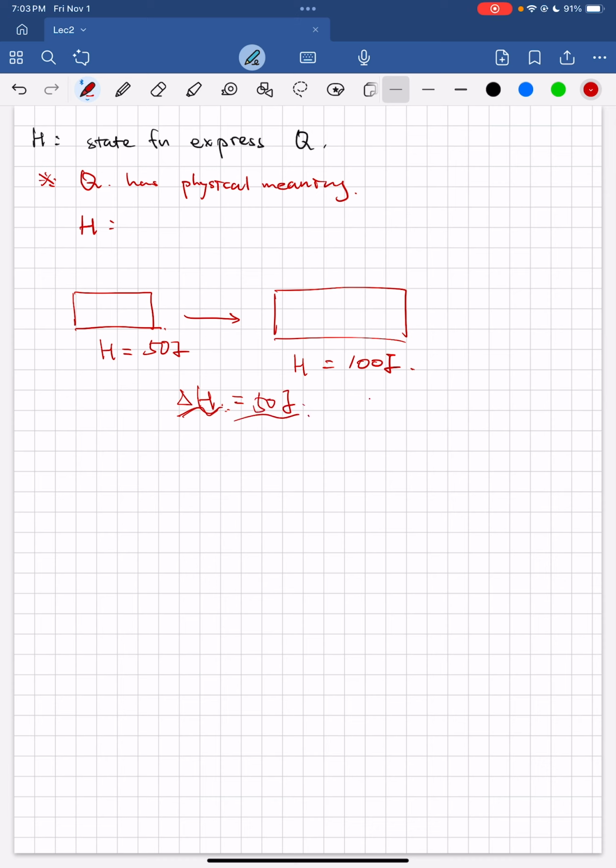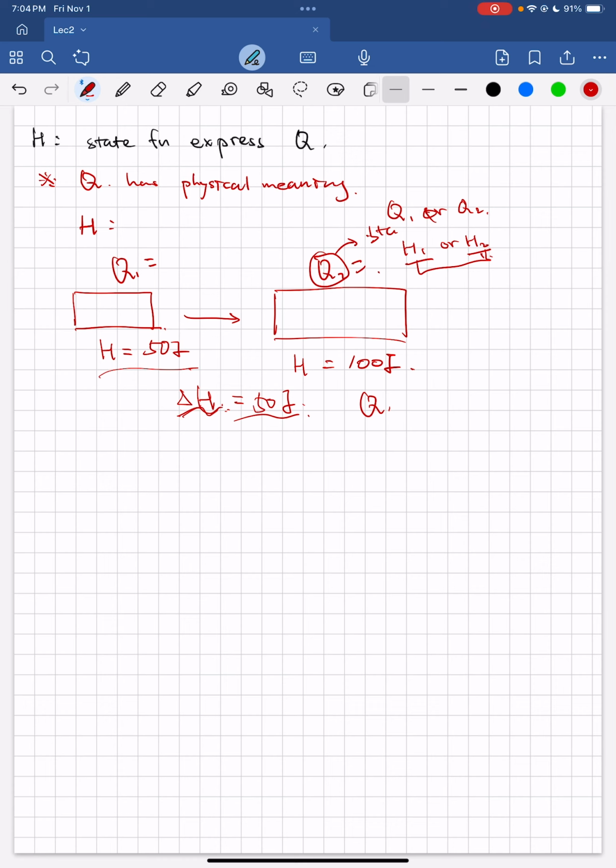You couldn't do that with Q. You cannot say that because Q is a process term. It's not a state function. There is no Q1 or Q2. There is H1 or H2 because we made it up. It's just that simple. Okay? So that is enthalpy.